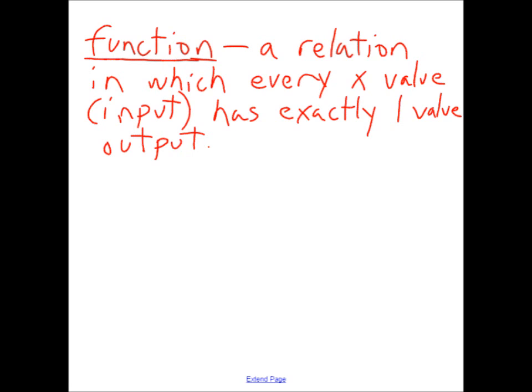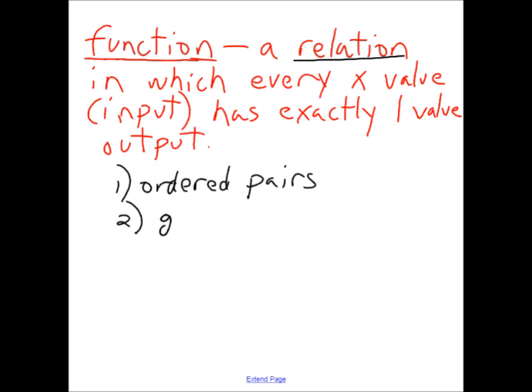So we're going to determine if relations are functions 3 different ways, or actually 4 different ways. We're going to look at the ordered pairs, simply. We're going to look at graphs.